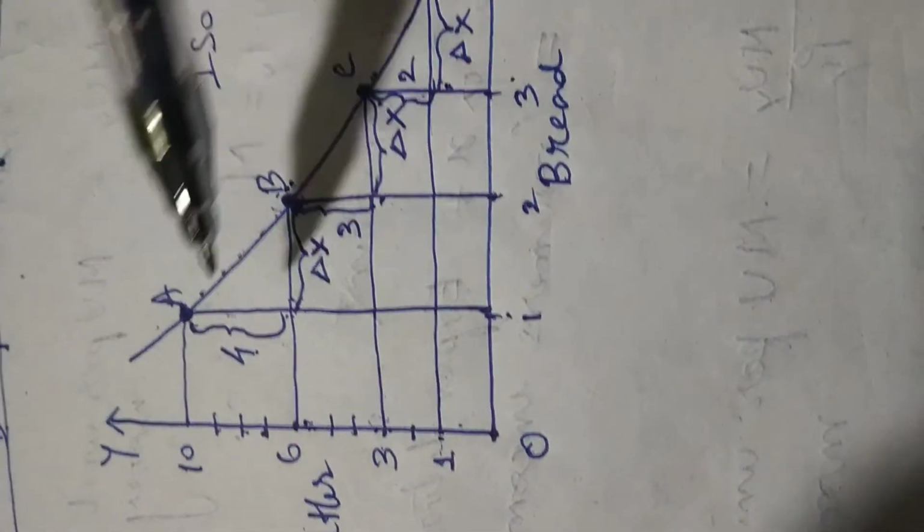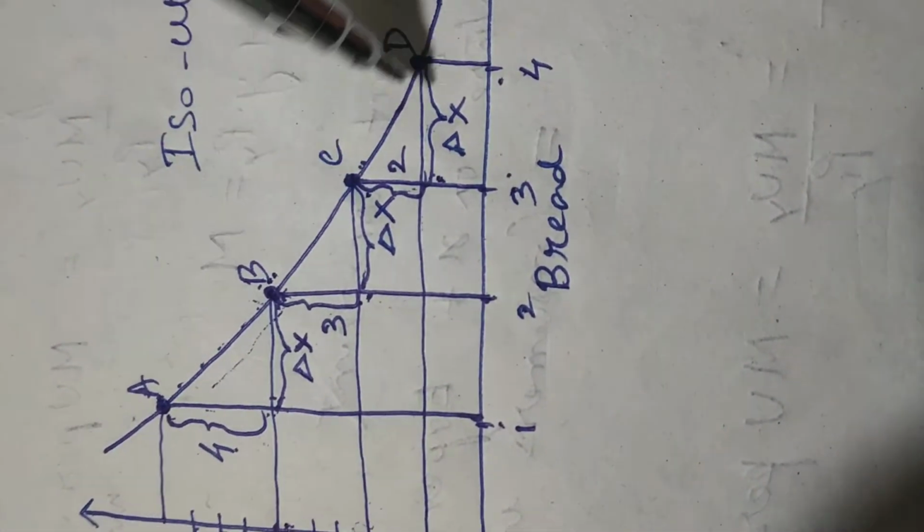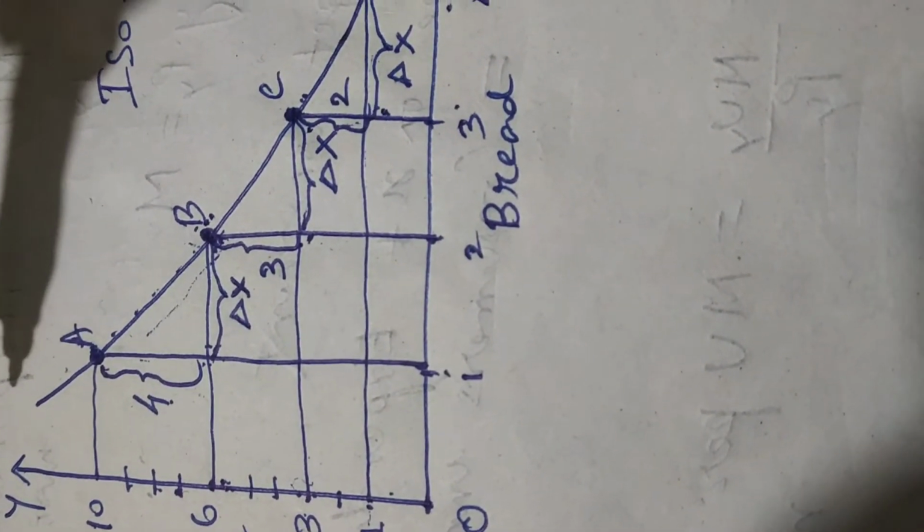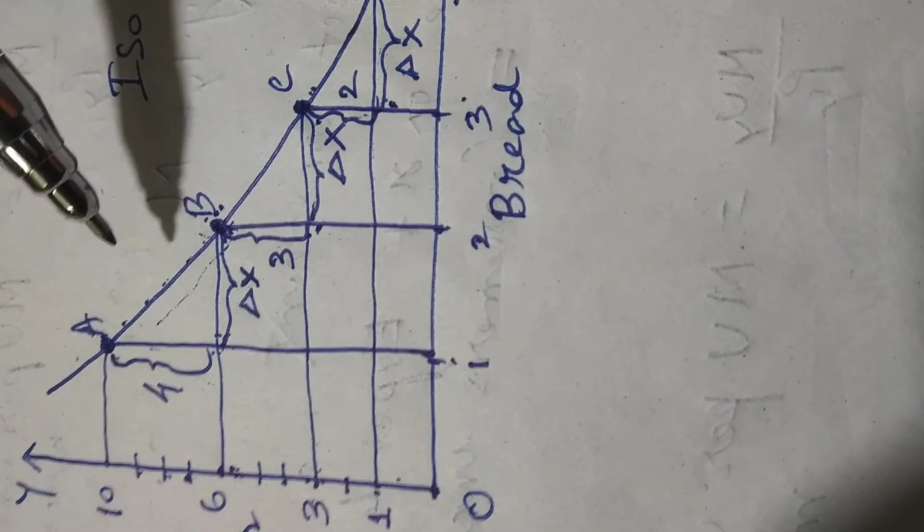This shows that the indifference curve is negatively sloped due to the diminishing marginal rate of substitution.